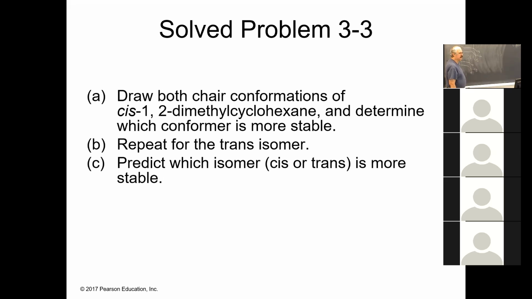Okay, repeat for the trans isomer. For the trans isomer, this one is on the bottom, this one needs to be on the top. That's trans. And I'll switch these two to make this one trans.